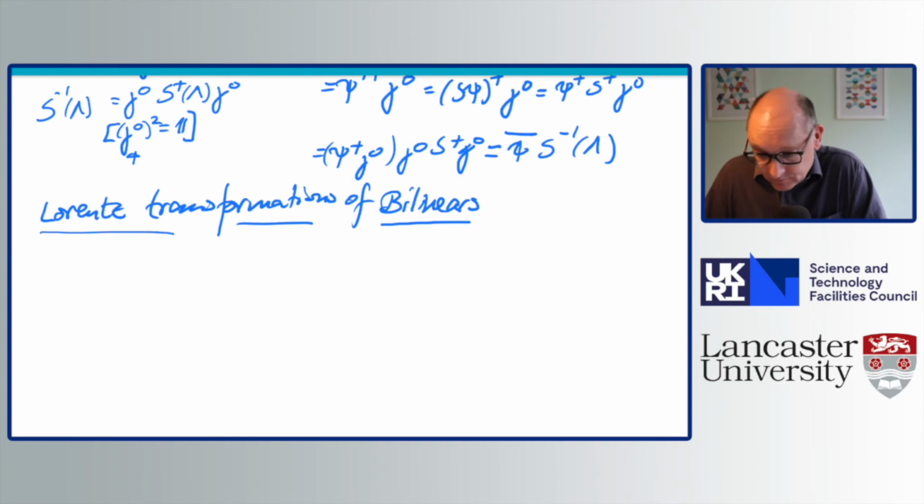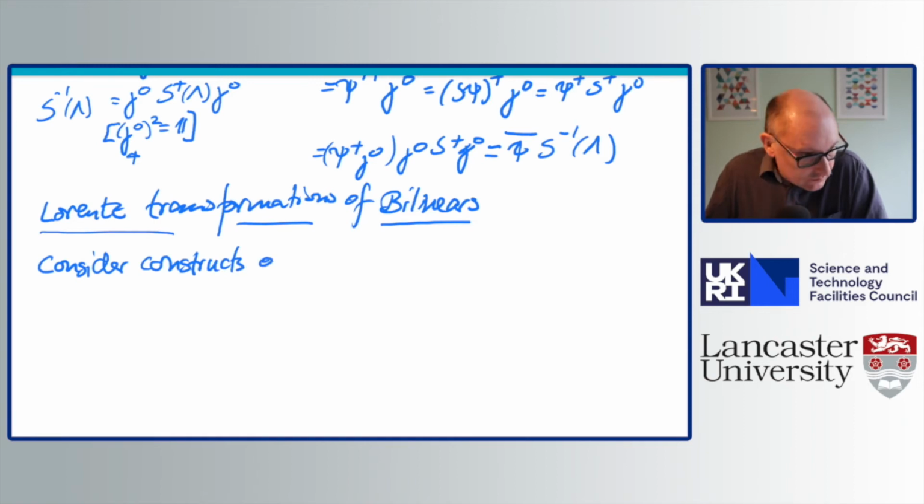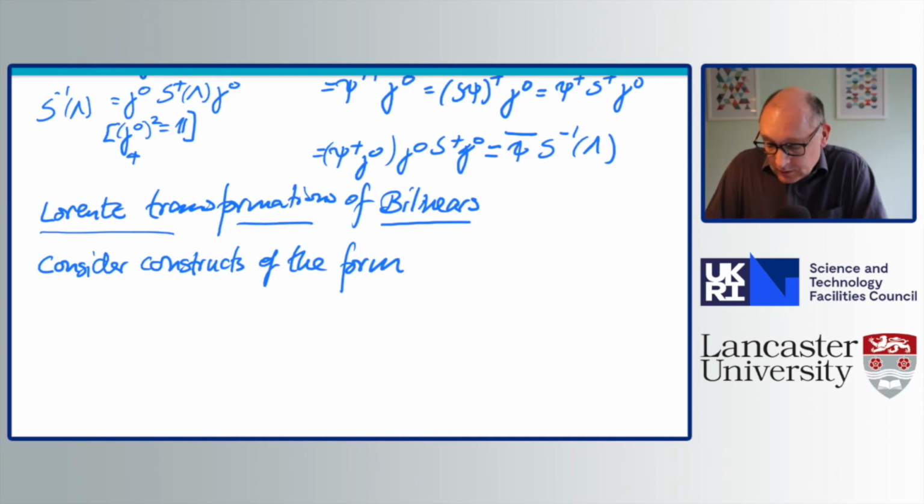Because they arise very often when we deal with Feynman rules, let's consider constructs of the form psi bar times a matrix in spinor space.